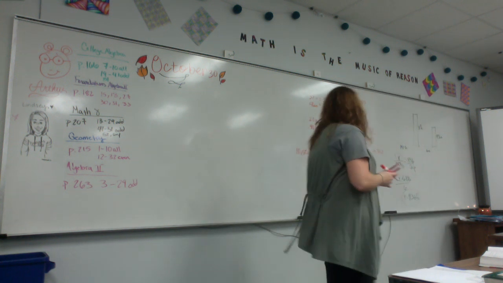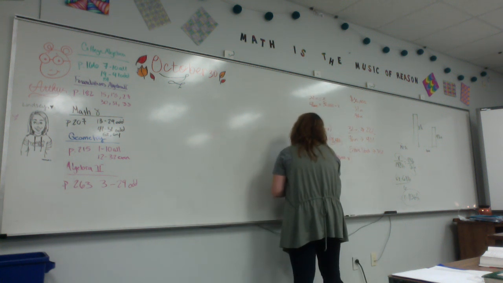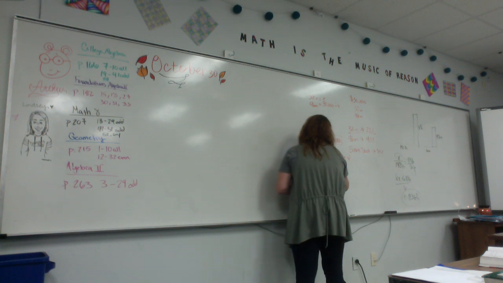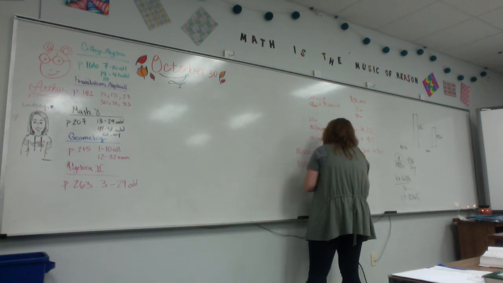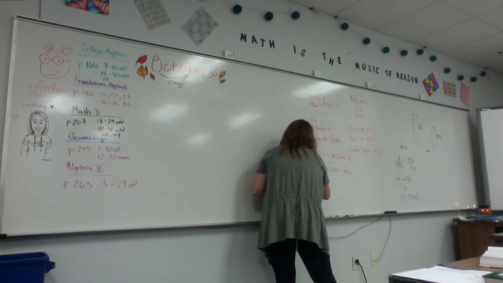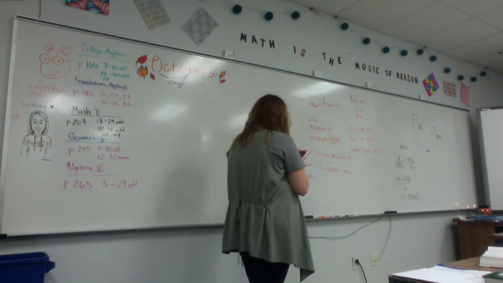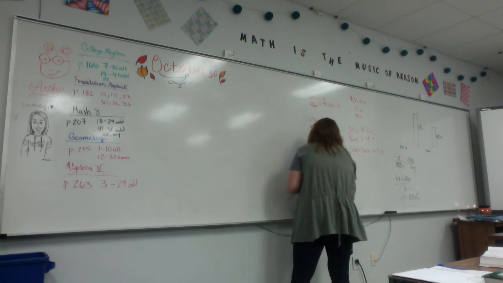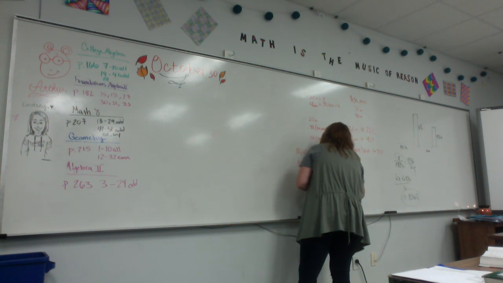From there, I can solve. 10,500 equals 0.22x plus 0.4 times 30,000, which is 12,000, minus 0.4x. So 10,500 equals negative 0.18x plus 12,000.